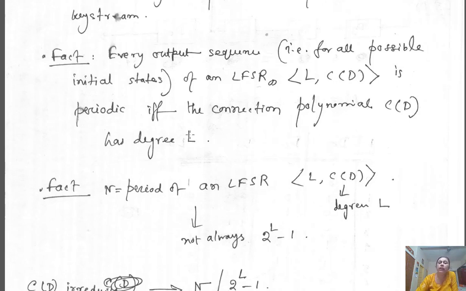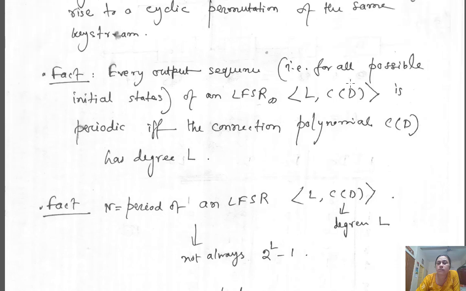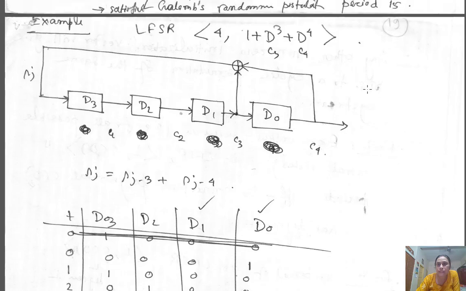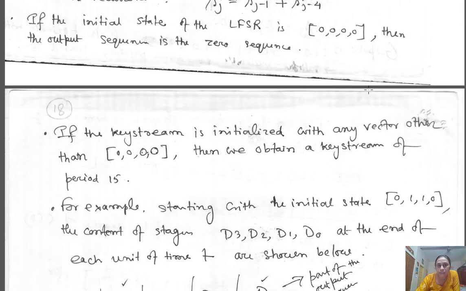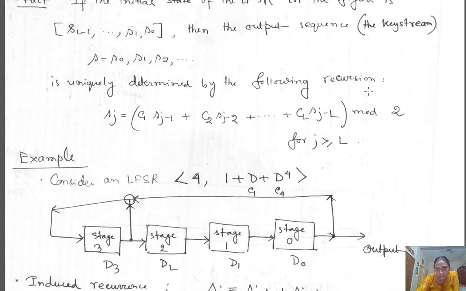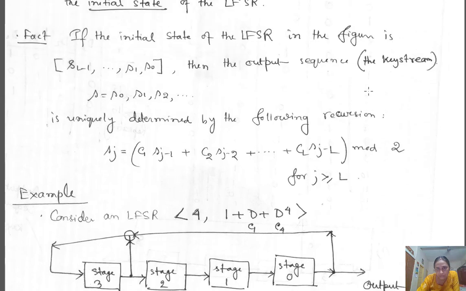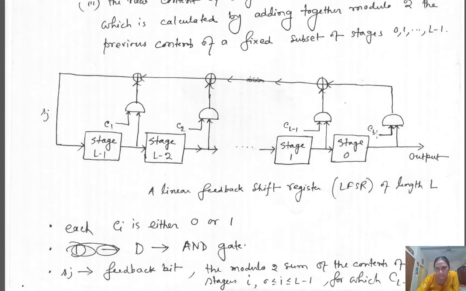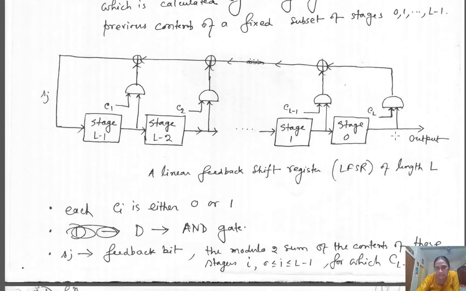That means the coefficient of the highest power, D to the power L, which is CL, is non-zero.